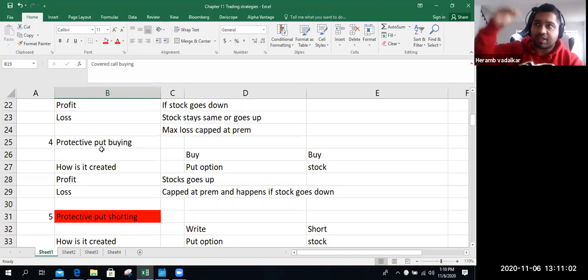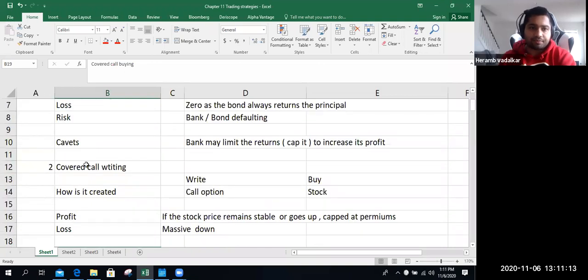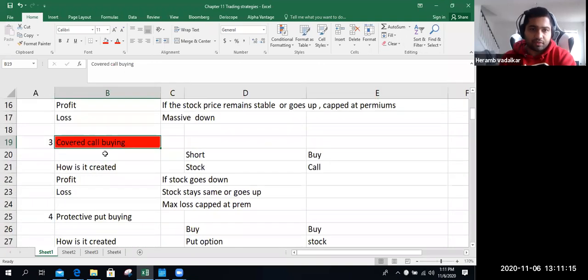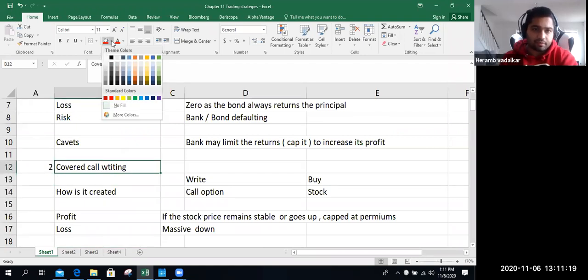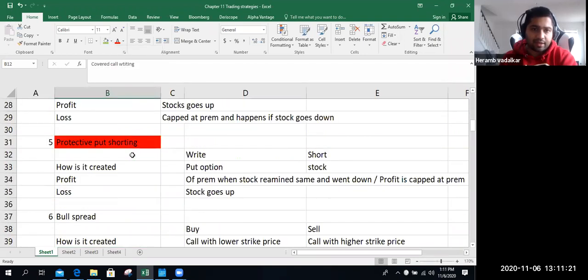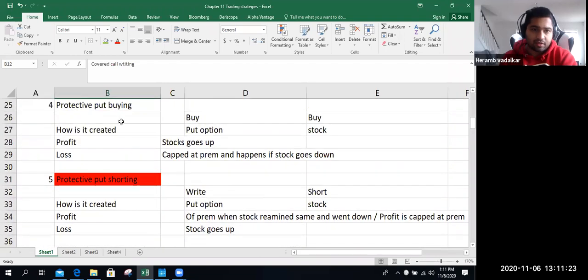So if Tesla goes up, I get money from my portfolio, but if Tesla goes down, I collect money from put options. So these two strategies are mostly used: covered call writing and protective put buying.